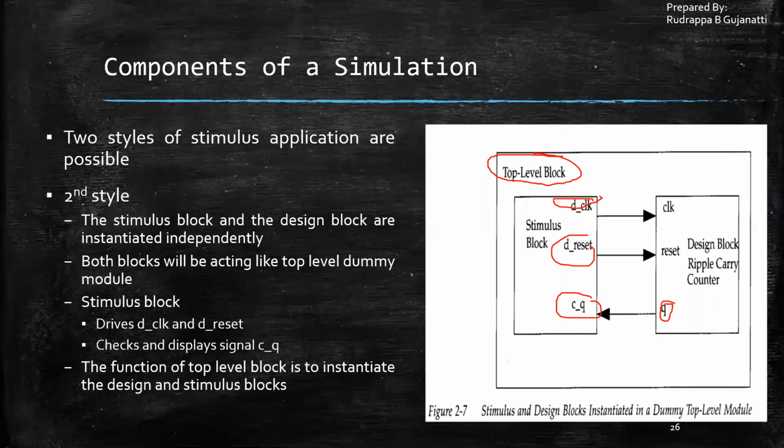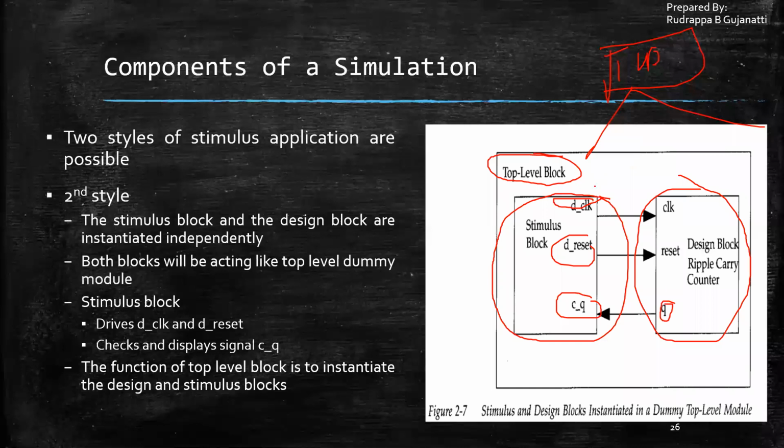In this case, previously you saw that the stimulus block itself was acting as the top level block. But now, in the top level block itself, you have the instances of these. So in the top level block, you have instances created. It is like we are dividing it into the stimulus block and the ripple carry counter.